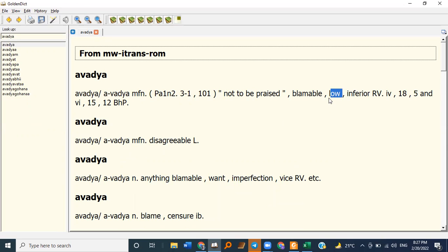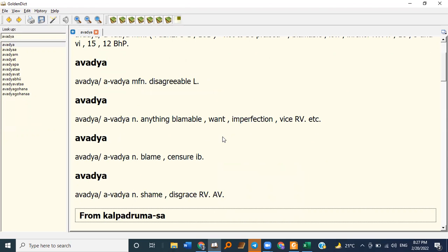Imperfect, low. So it's low, inferior, imperfect. So like that.